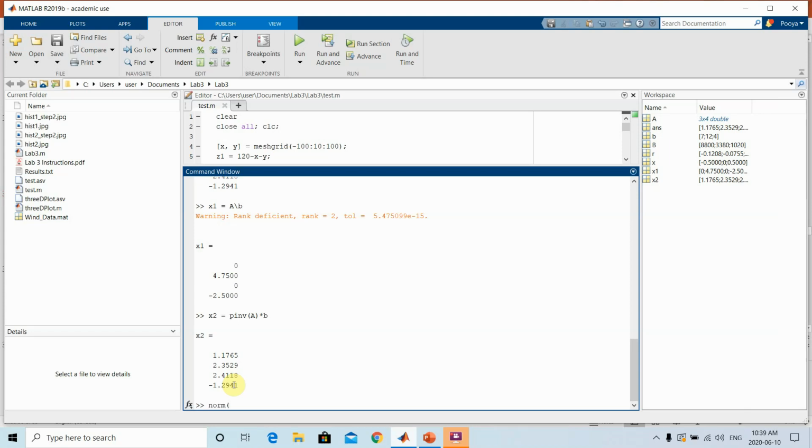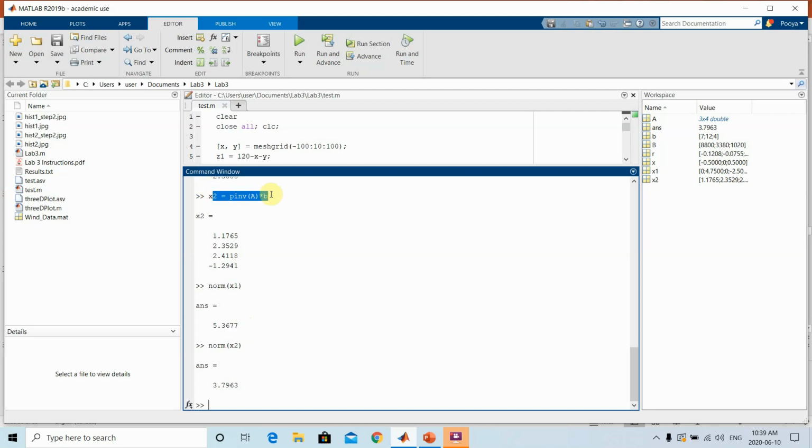Let's find the norm of x1. I want to see what is the square root of 0 plus 4.75 squared plus 2.5 squared. So this is going to be the norm of x1. Norm of x2, let's find that one. It's definitely smaller than the norm of x1.